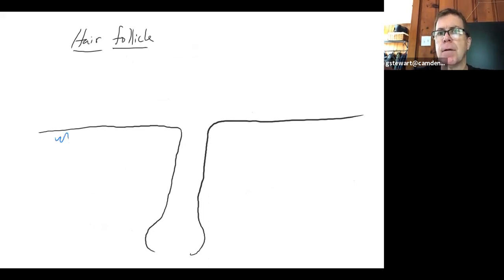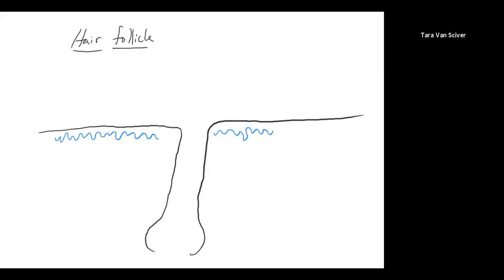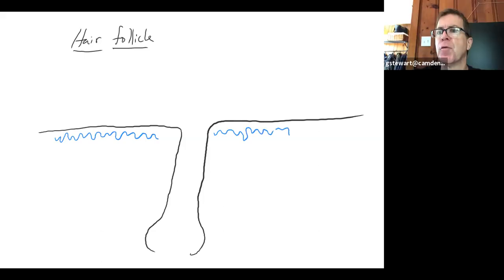Here's our line between the 5 layers of the epidermis and the dermis. You can see that hair follicles typically penetrate way down deep into the dermal layers of the skin.